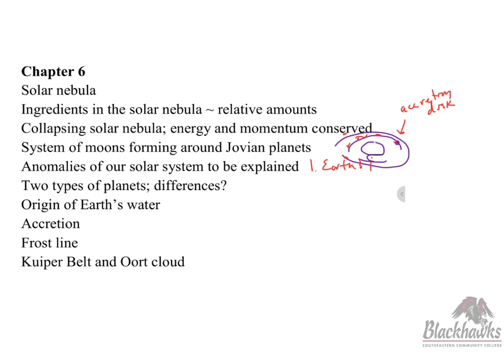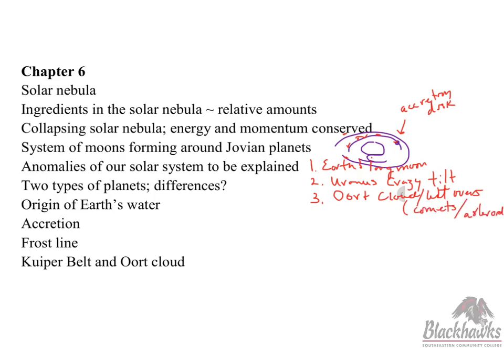The next one, the anomalies of our solar system. Anomalies means what doesn't make sense. That said Earth's large moon. I know it's hard to read. We got a larger moon than we should have.